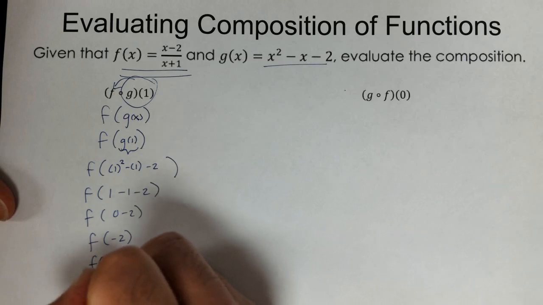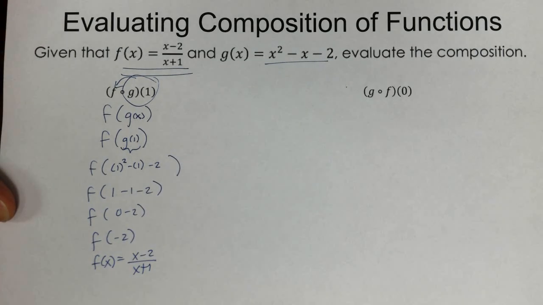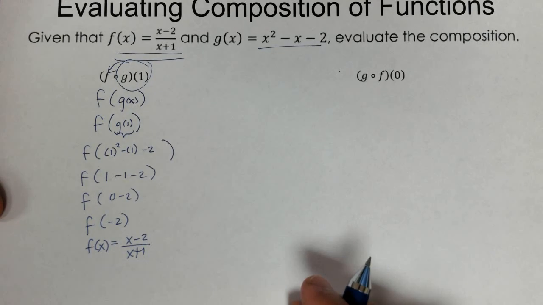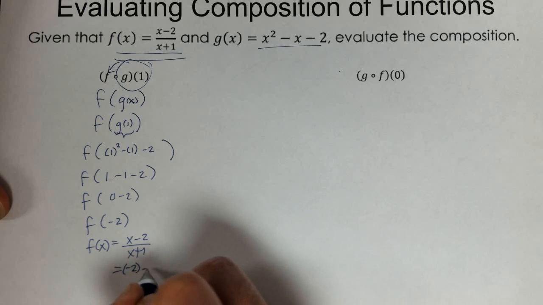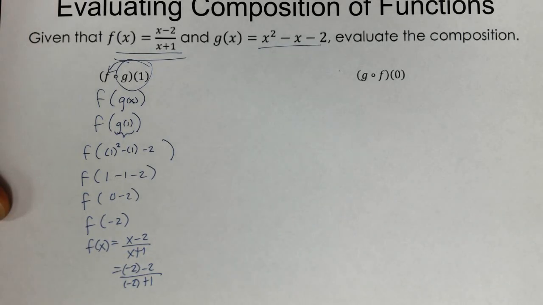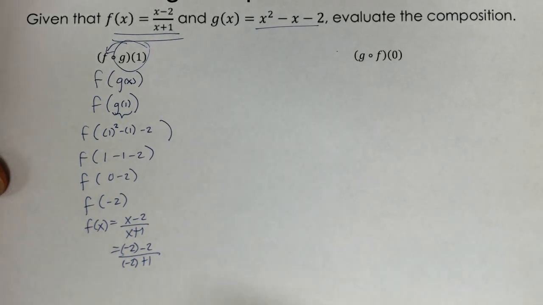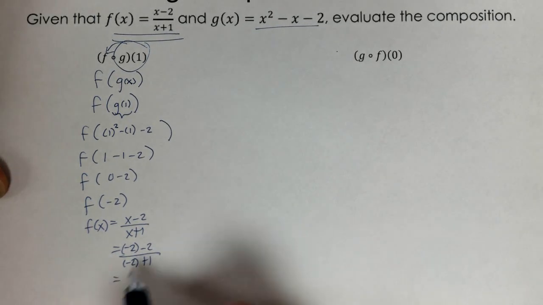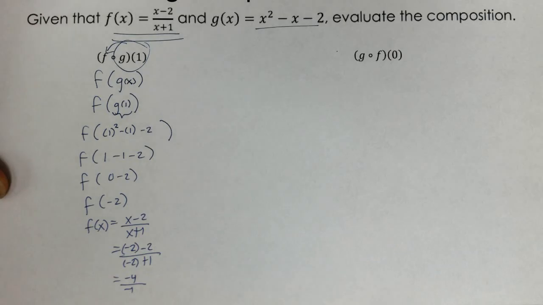So f of x equals x minus 2 divided by x plus 1. And I replace every x value with a negative 2. Negative 2 minus 2 divided by negative 2 plus 1. If I do some PEMDAS on the top, negative 2 minus 2 is negative 4, divided by negative 2 plus 1 is negative 1.